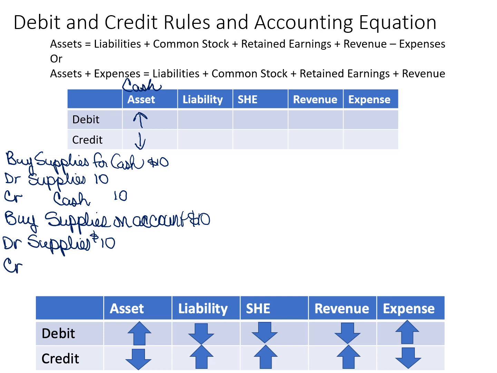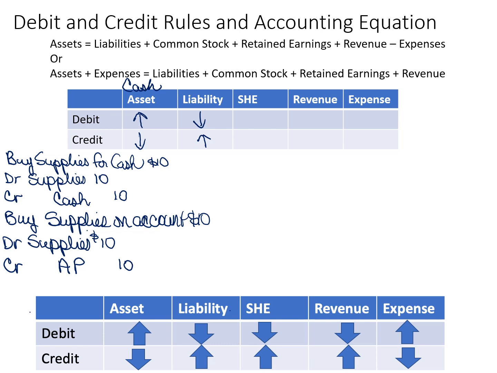And if I buy it on account, that's accounts payable. Well, accounts payable is increased by credits and decreased by debits. Well, let's see if that makes sense. If I buy supplies, my supplies are increasing, and also my bills or my liabilities, my promises to pay in the future, are also increasing $10.